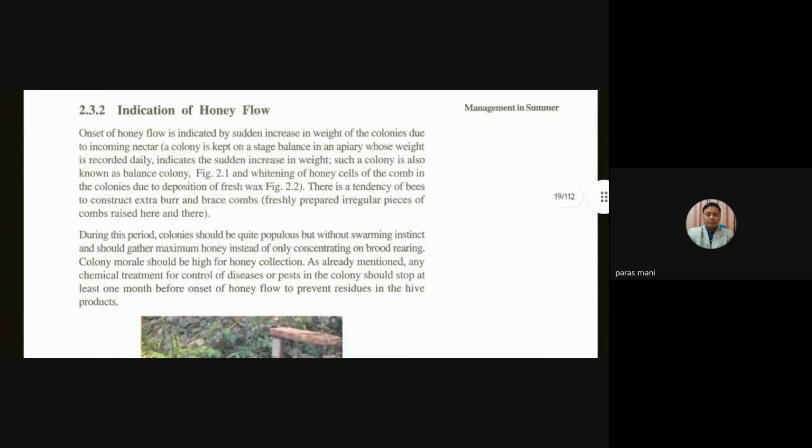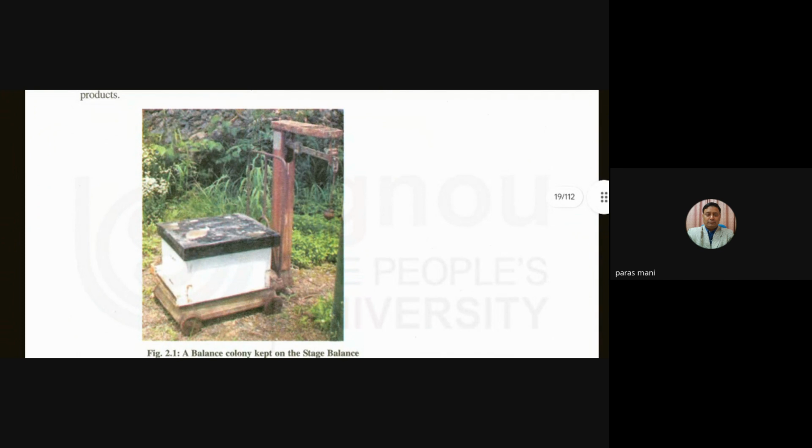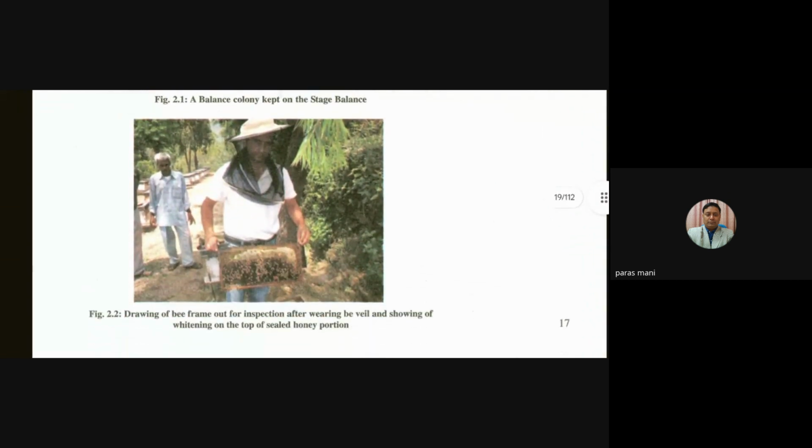The indication of honey flow. How can we know that the honey flow period has started? Yeah, one is weighing the box, a balance with the colony kept on the stand. Yeah, by weight also you can know if the honey flow season has started.